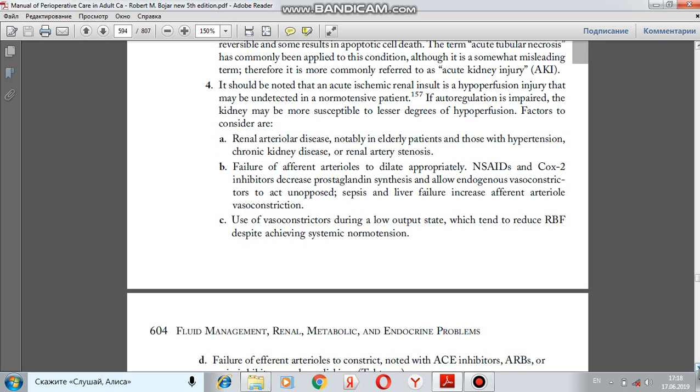B. Failure of afferent arterioles to dilate appropriately. Non-steroidal anti-inflammatory drugs and COX-2 inhibitors decrease prostaglandin synthesis and allow endogenous vasoconstrictors to act unopposed. Sepsis and liver failure increase afferent arteriolar vasoconstriction.